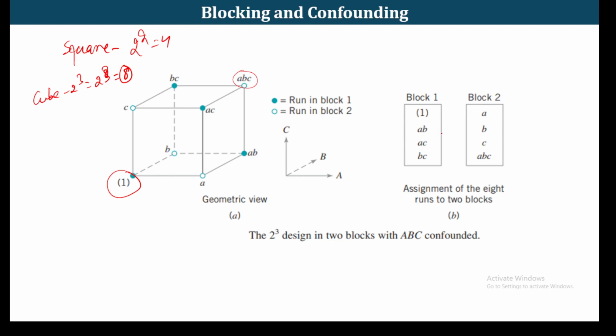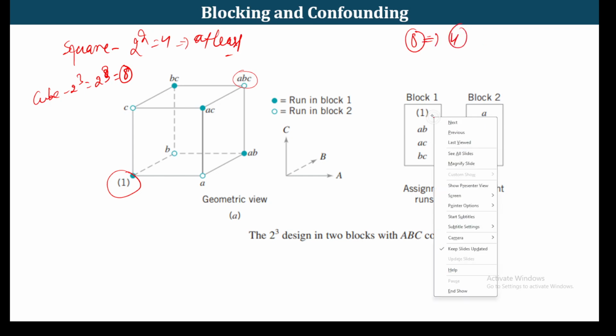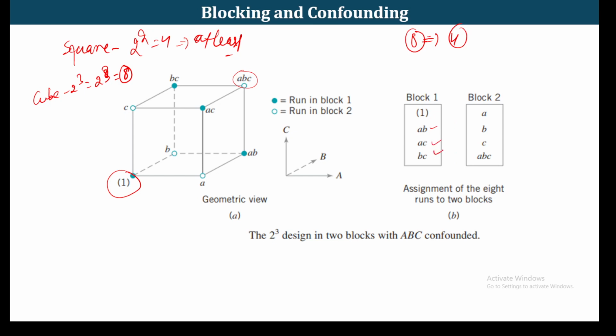I told you that in the two-factor case you have to keep at least 2 in one block. But in the case of 3 factors, the total number of experiments is 8, so we have to keep at least 4 in a block. Block 1 gets 1, and then AB, AC, BC, the two-factor interactions. Block 2 gets A, B, C, and then ABC. That ABC is going to be confounded.